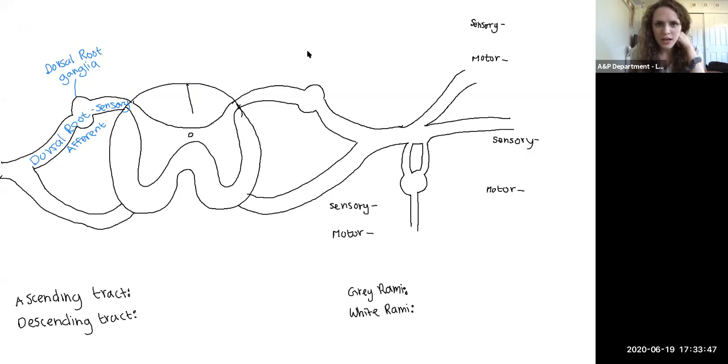On the other side, we will use red. You have your ventral root. And this carries motor information.